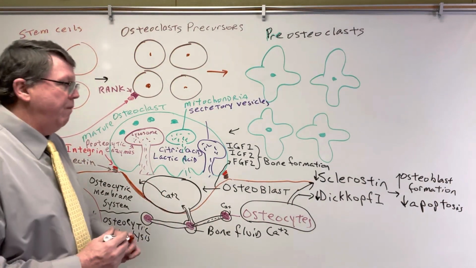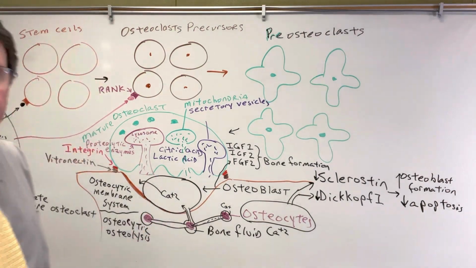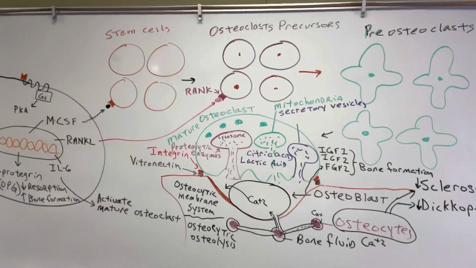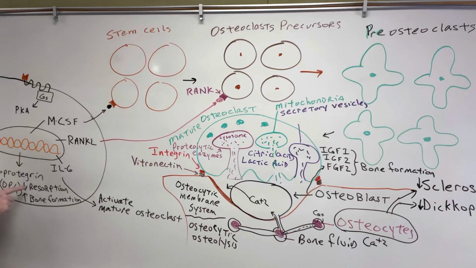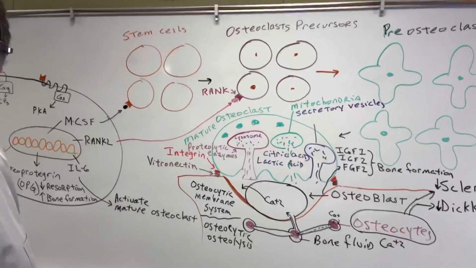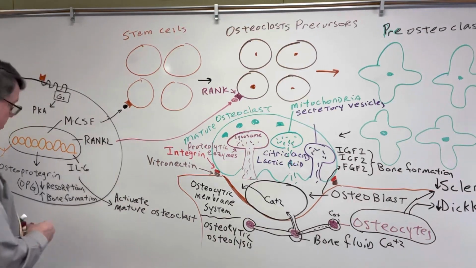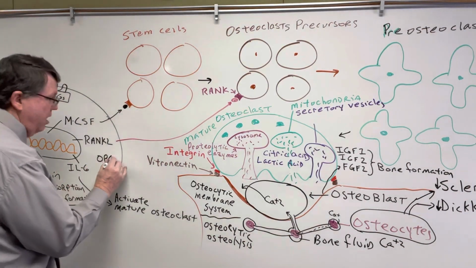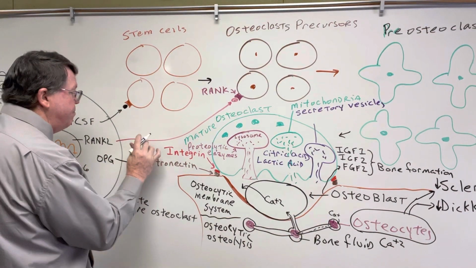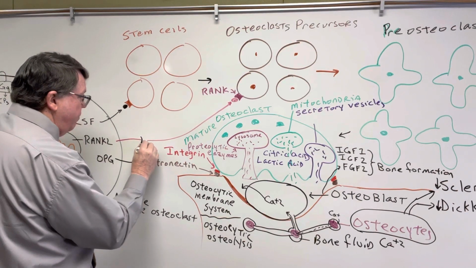Okay, so now one other thing that's going to happen, we talked about over here, right? If I go back over here, and we talked about RANKL, and we said that basically when we want resorption, we decrease the amount of this OPG. And when we want to make bone, we increase the amount of bone formation. So here's what's going to happen. Let's say we want to make bone. What's going to happen is this OPG is going to be released by osteoblast, and then what it does is it basically binds to this RANKL.